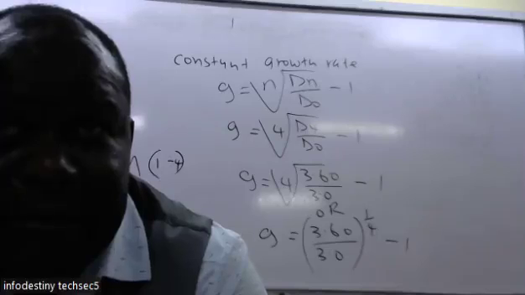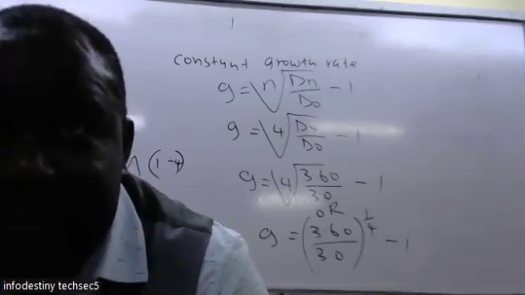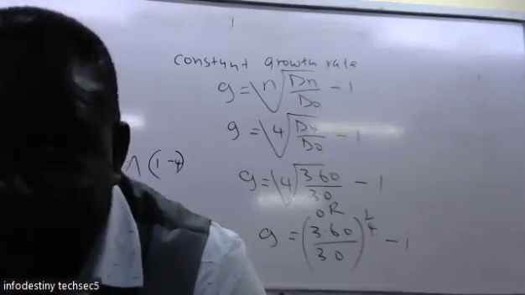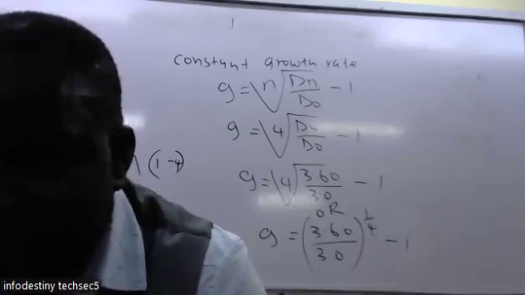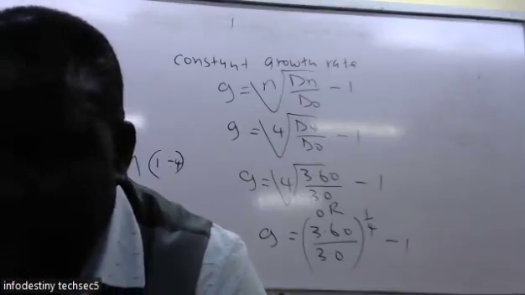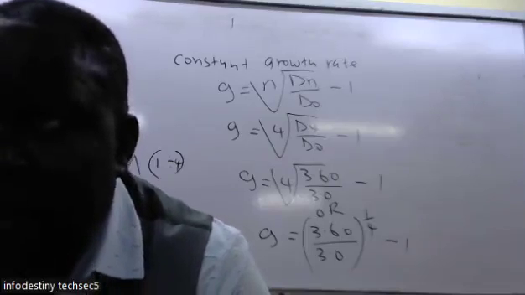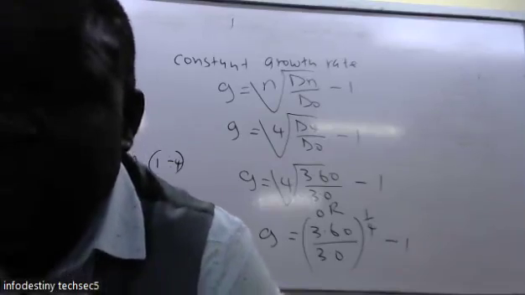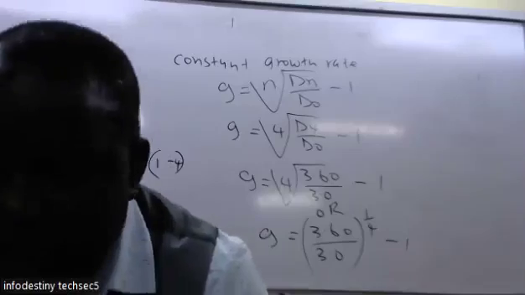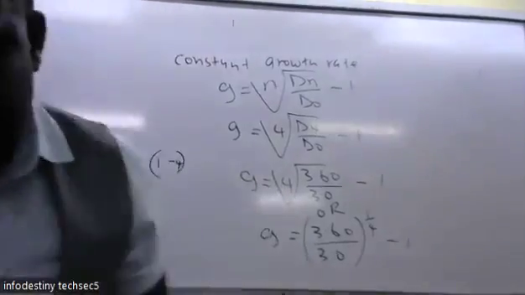That's the exact one. After the 5, there is another digit, 3, so we can just have it as 4.66, because we round off to 2 decimal places. That's now our growth rate.